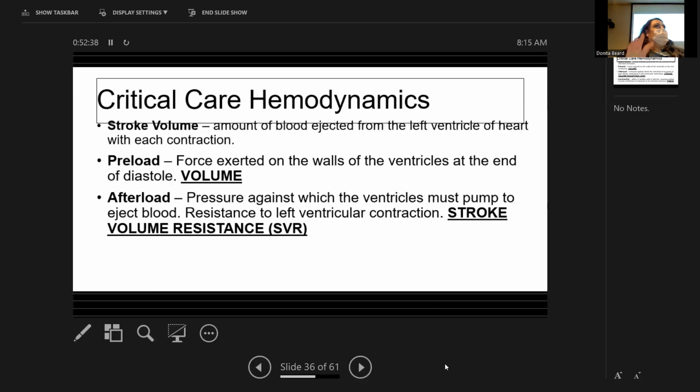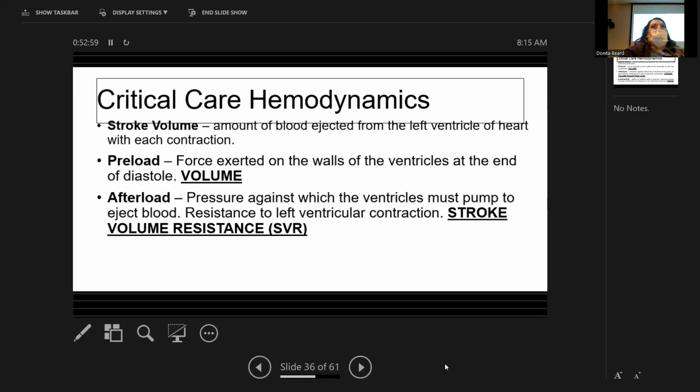Afterload, you're really talking about the resistance in the aorta. What is the resistance that the heart is pumping against? You can think of that somewhat in the way of blood pressure. It's not truly blood pressure, it's really more the resistance. We'll look at patients that have Impellas or Swans, heart failure.